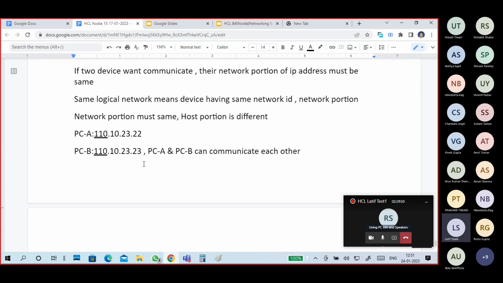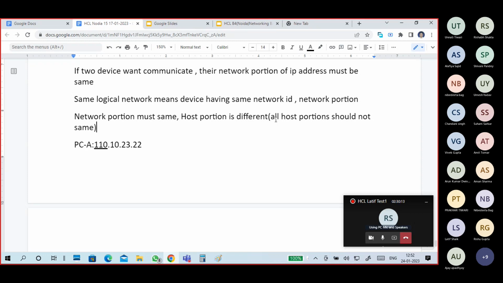So guys, that is another point. All host portions should not be the same, and it is not required that they be the same in all portions.